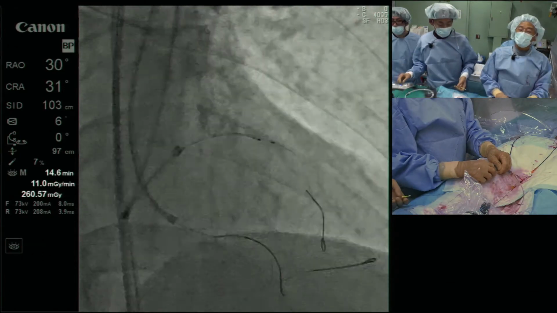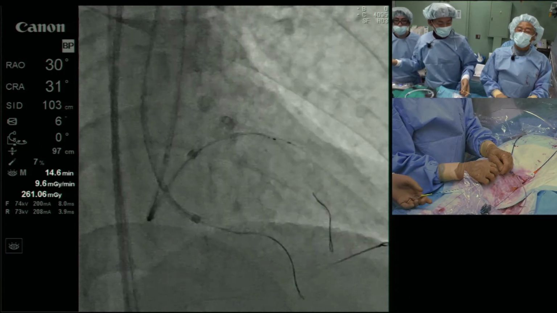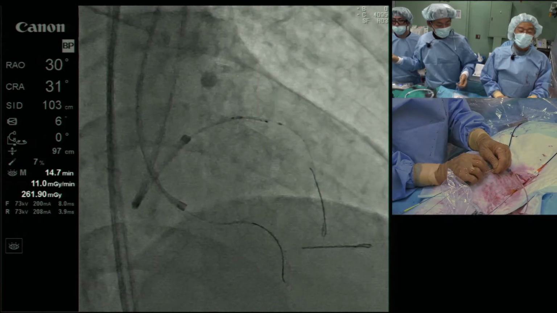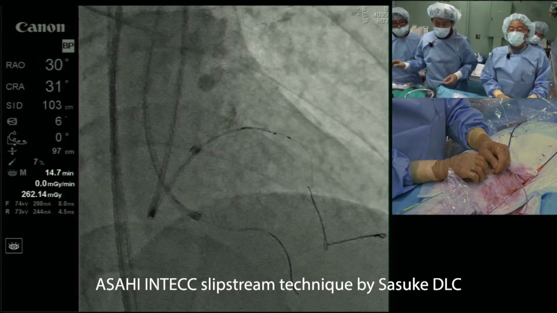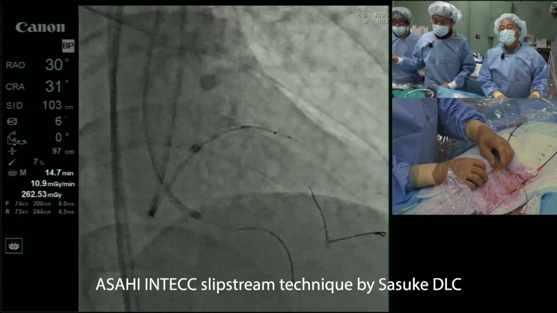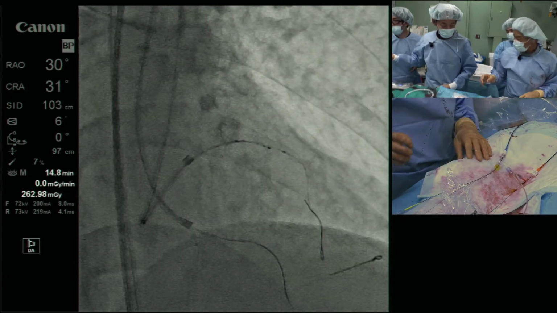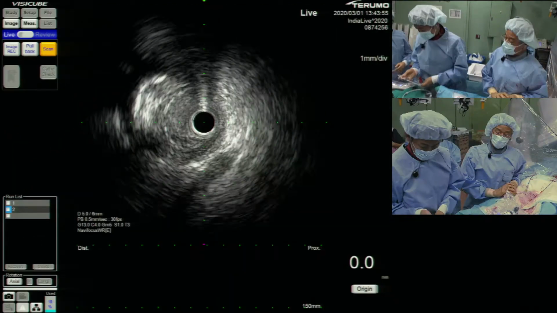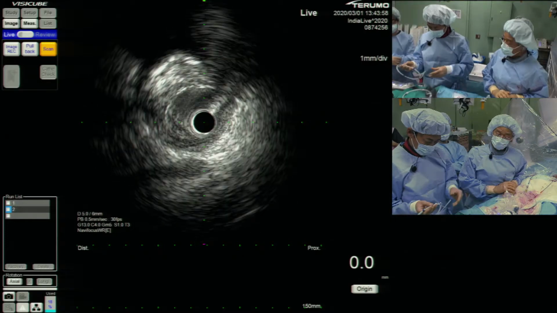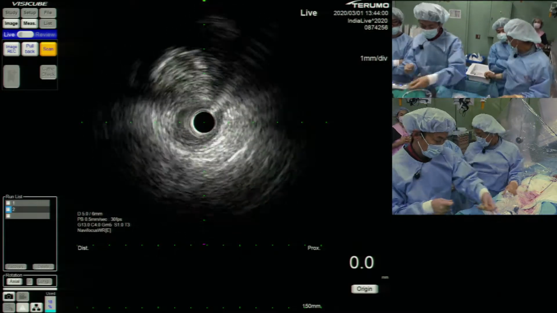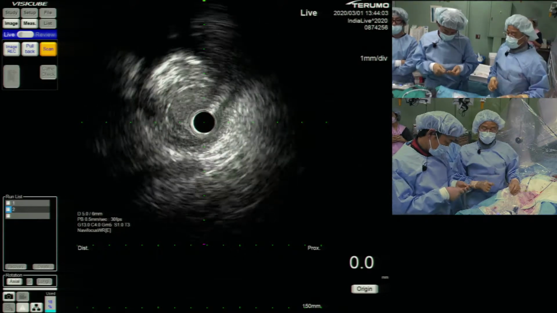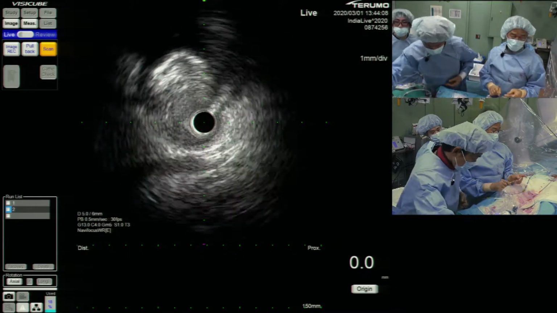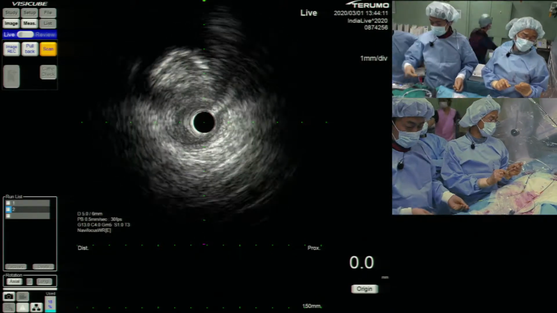We call it the strip stream technique, which is something unusual. Anyway, now the tip of the Sasuke is led to the LAD, so I will move the IVUS to show the entry. For this technique, we need the Terumo IVUS, the dual R system. This IVUS catheter has a very short monorail tip, so we can use it for this technique.